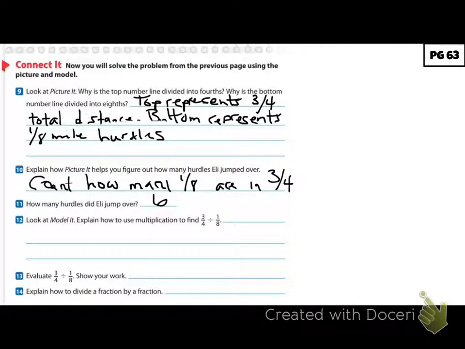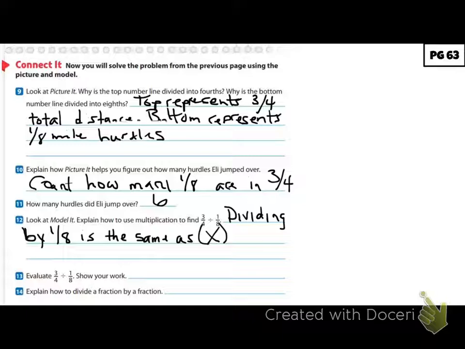Look at model it. Explain how to use multiplication to find 3/4 divided by 1/8. Dividing by 1/8 is the same as multiplying by its reciprocal.